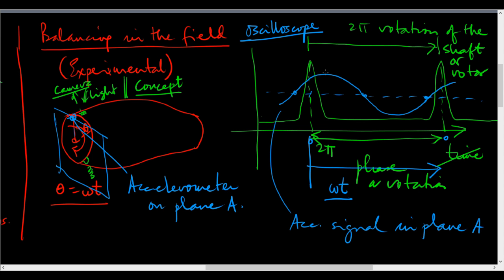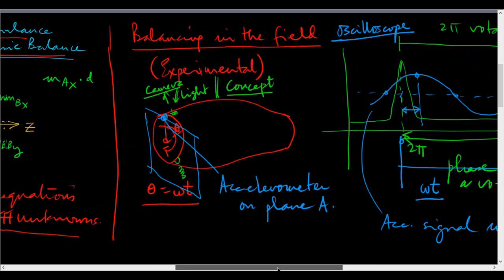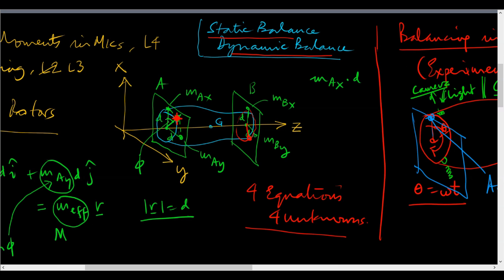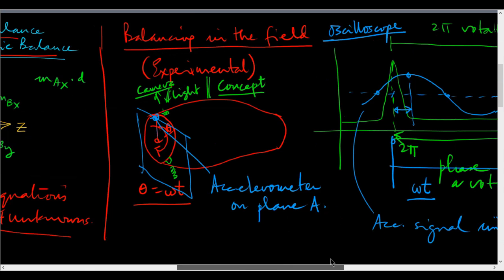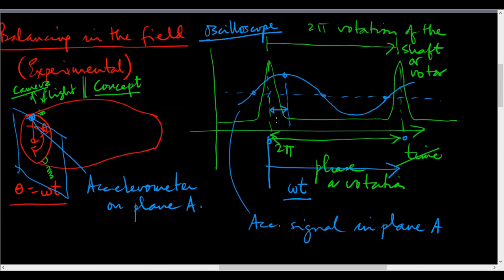Let us say I locate this maximum over here, and I will call this angle. Previously I had called it phi, but I want to avoid confusion because over here I have called this angle phi. So over here, let me call this angle psi A.